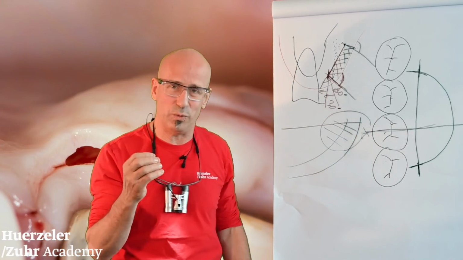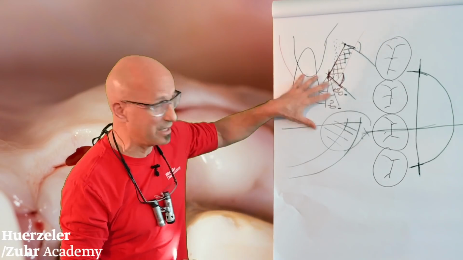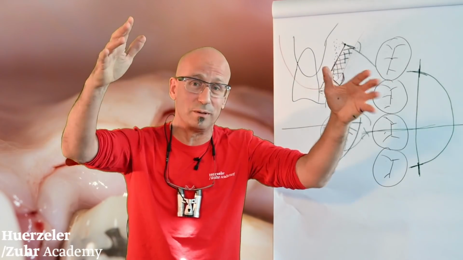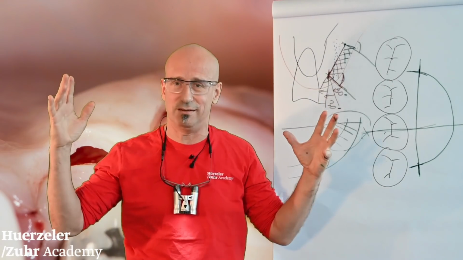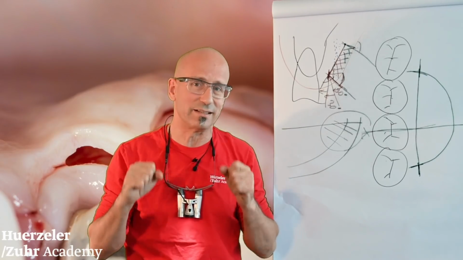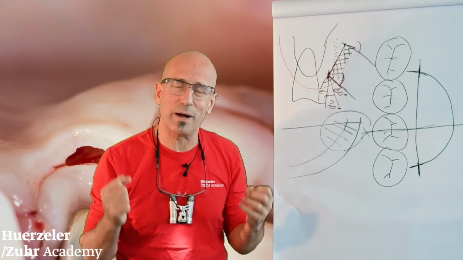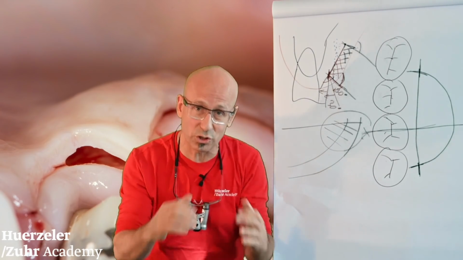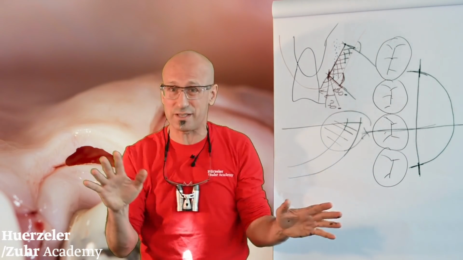The first thing we teach in our masterclass is this. And we always urge our people, and maybe some of our friends, our family of the Hürzeler Zuhr Academy are there, they know that. How often I say the first incision is perpendicular to the surface. First thing.